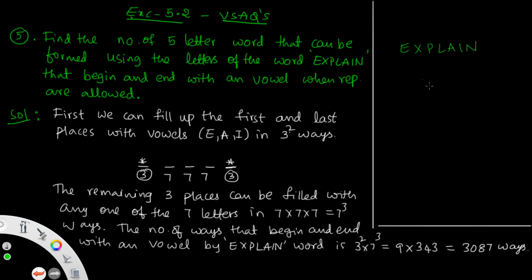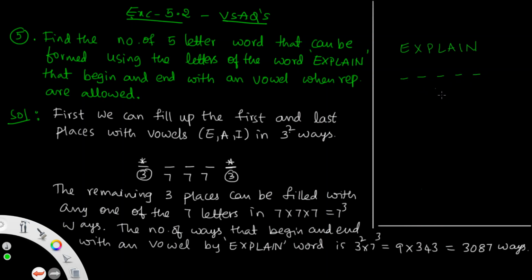So the condition is given to fill the five-letter word: 1, 2, 3, 4, 5-letter word. Using these letters, the condition is that the word begins and ends with a vowel when repetitions are allowed.